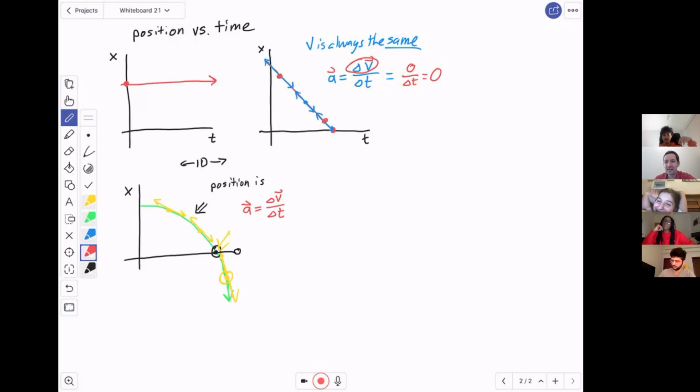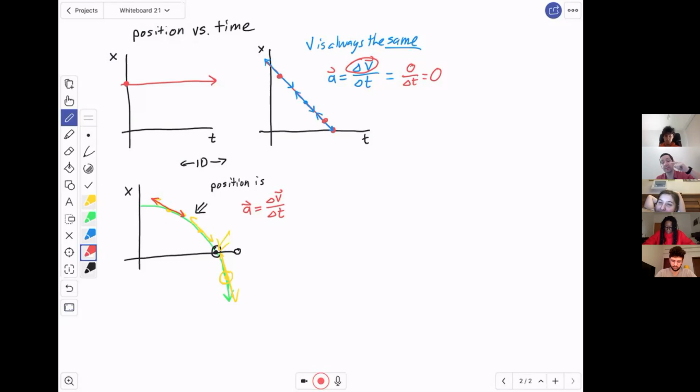Because the velocity is increasing more and more in the negative direction. Okay, because the magnitude of the velocity is increasing, but in the negative direction, right? We start off with a very, very low velocity here, and as we go, it gets more and more negative.